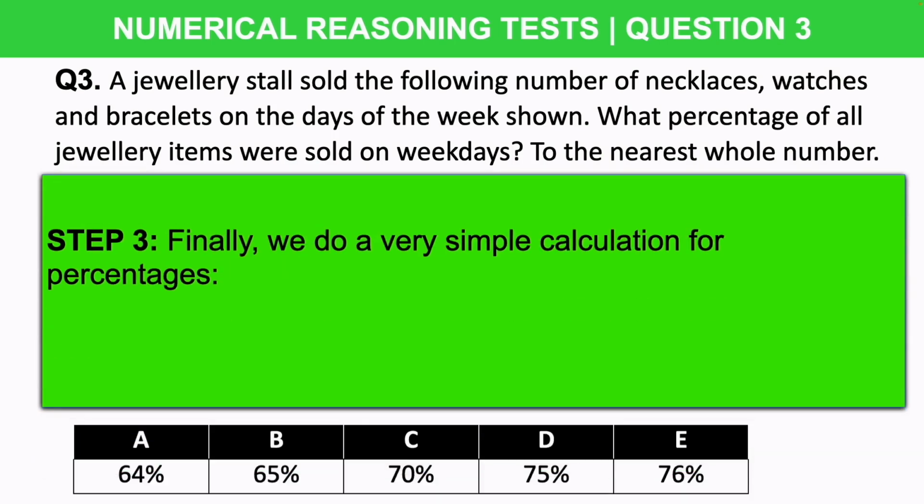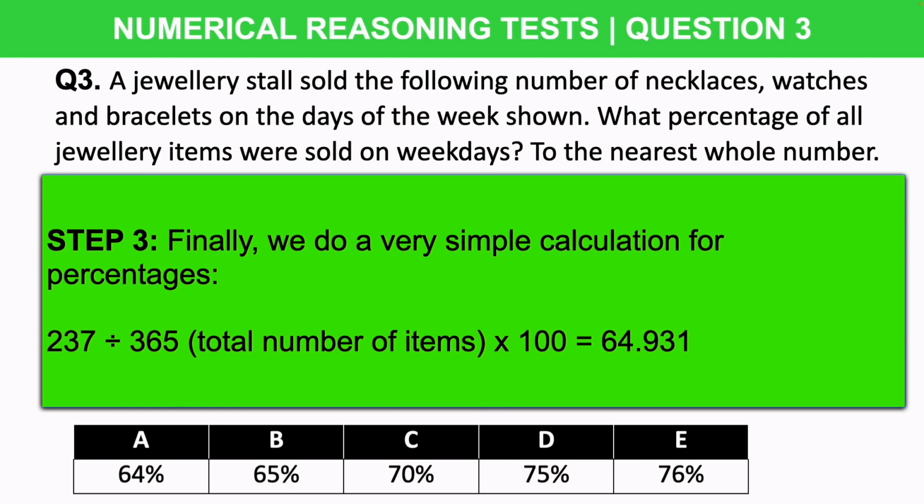Now finally, we just need to do a very simple calculation for the percentages. So we take 237, the number we just got, and we divide it by 365, because 365 is the total number of items. Once we've done that calculation, we simply times by 100, and that 100 is there because it represents 100%. That gives us our percentage, because the percentage is always out of 100.